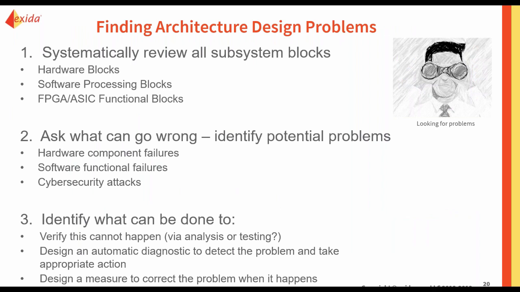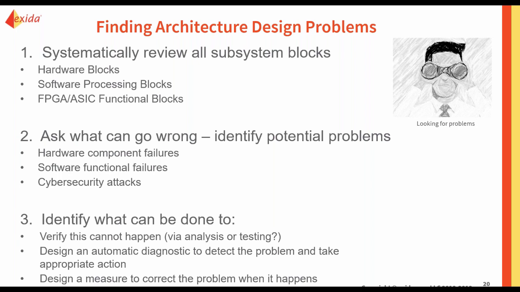What's the fundamental concept? Well, we have these drawings. What do we do with them? Let's look at the drawing one block at a time. We'll look at the hardware blocks. We'll look at the software blocks. And if you have any FPGA or ASIC functions, which are treated somewhat differently, let's look at those blocks.